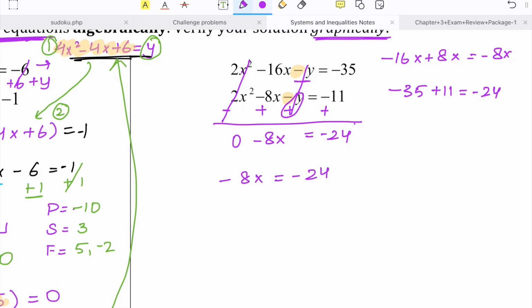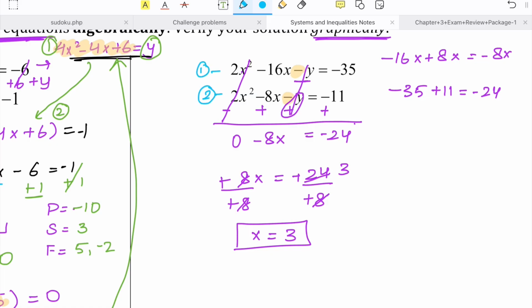To find the value of x, you'll just have to divide both sides by negative 8, because we want to isolate x. So negative 24 divided by negative 8 is just 3. So x will be equal to 3. Now, you're not done again. You'll have to input it into another equation. So you can pick either the first one or the second one. Either one will give you the same answer.